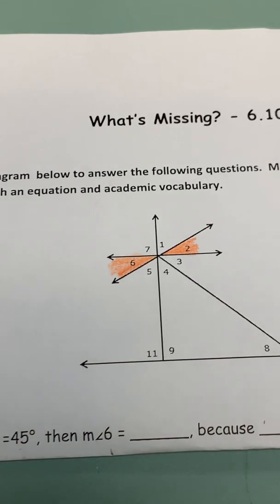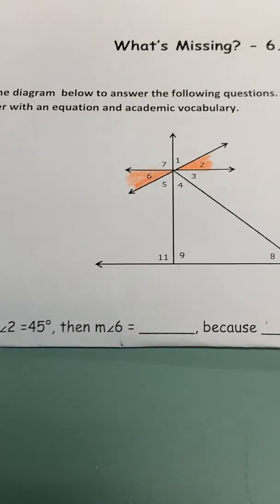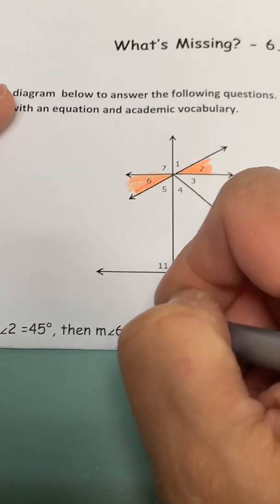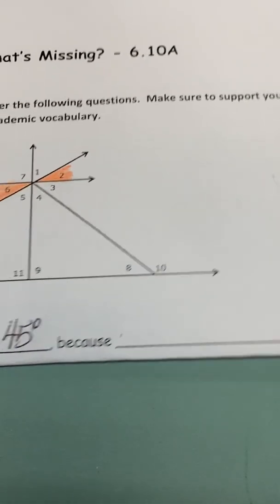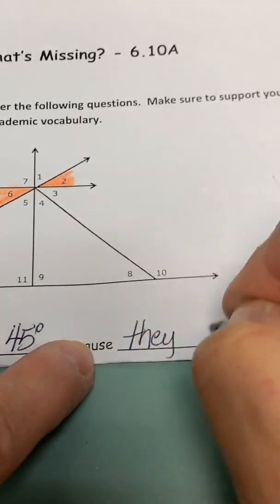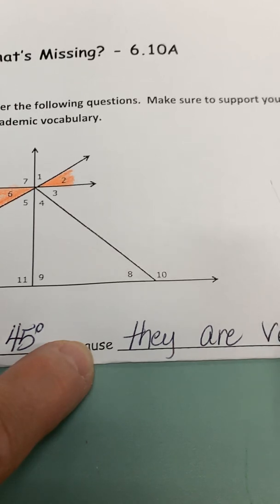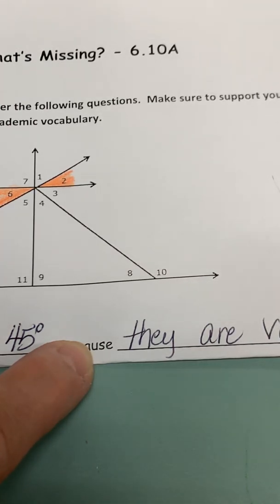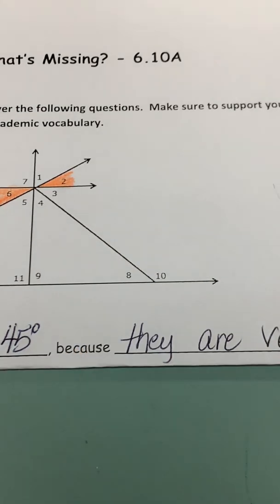So that means that if angle 2 is 45 degrees, then the measurement of angle 6 would be 45 degrees. And that's because they are vertical angles. Really, it would sound better to say they form vertical angles.